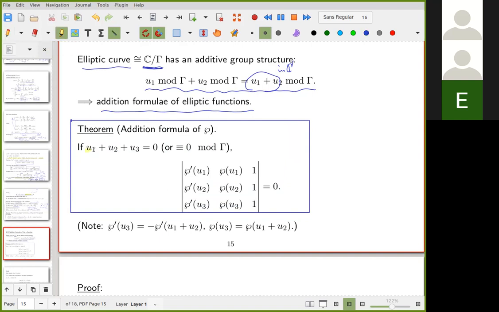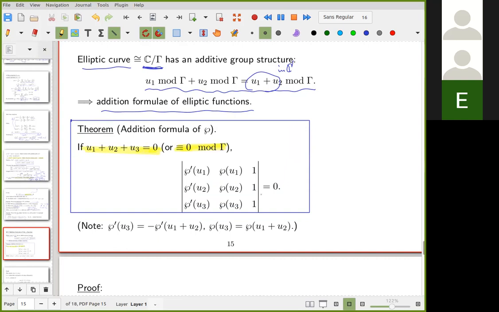Here, three complex numbers are related by this relation, or it is sufficient that the sum belongs to the lattice gamma.